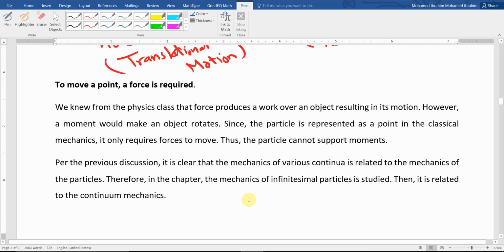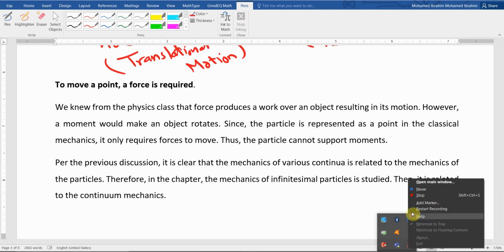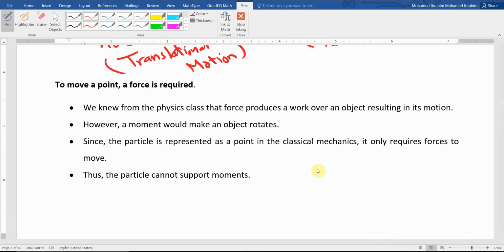If you have an object and you would like to move it, you have to subject the object to a force. Like for example, assume that we do have a box, like this case. Let me do some changes here. So again, it requires a force to move a point, right?